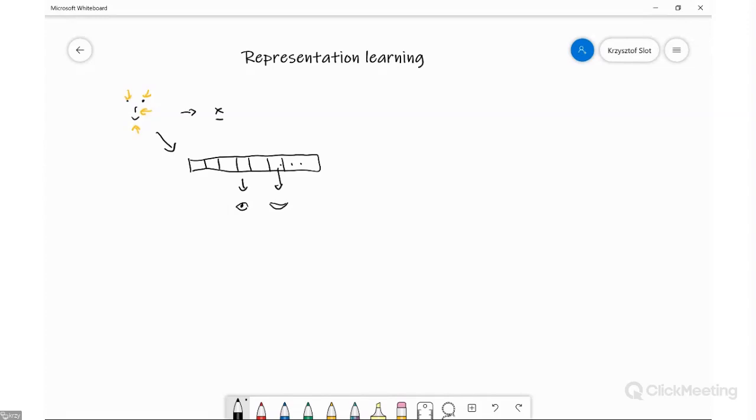So that's the first thing: to be able to detect presence of some particular structures, local structures, most likely.